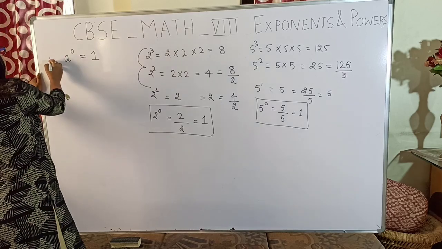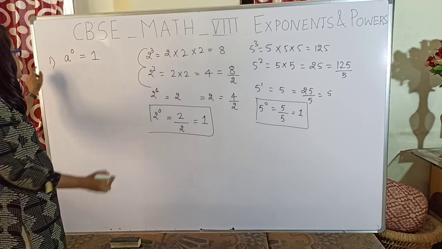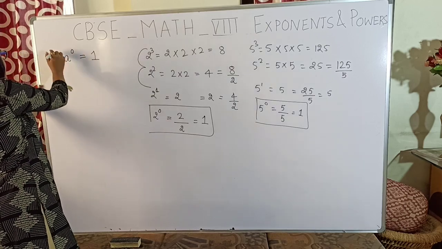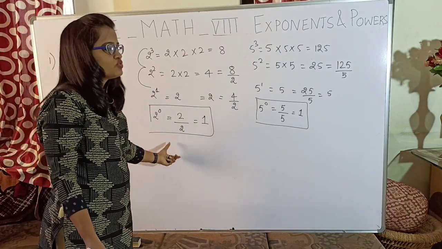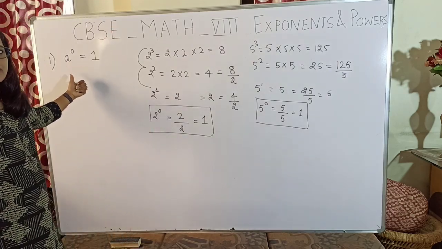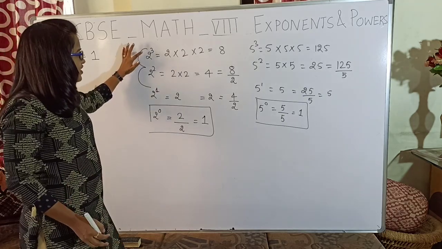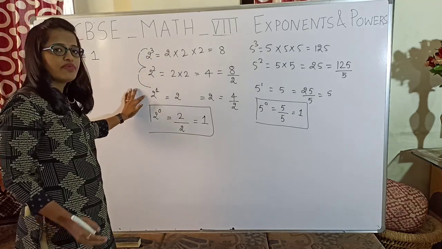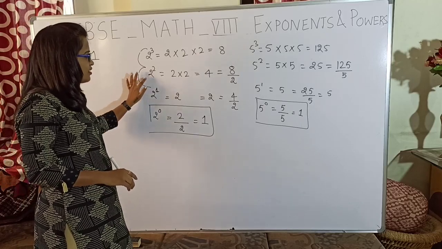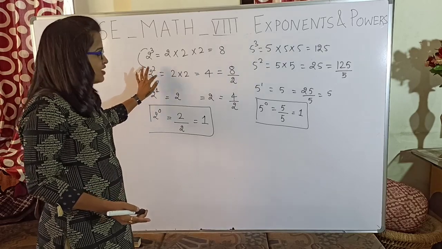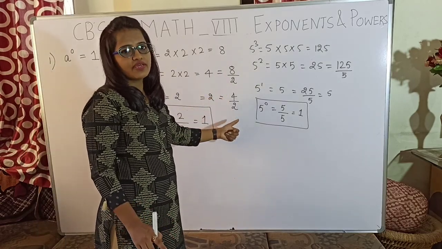So anything raised to 0 is always 1. This number can be any number other than 0. I hope you understood the first law, which says a raised to 0 equals 1. How did we obtain it? We have been decreasing the exponent by 1 each time, and whenever the exponent was decreasing, the same number which was being multiplied, we used to divide the previous value by that number.